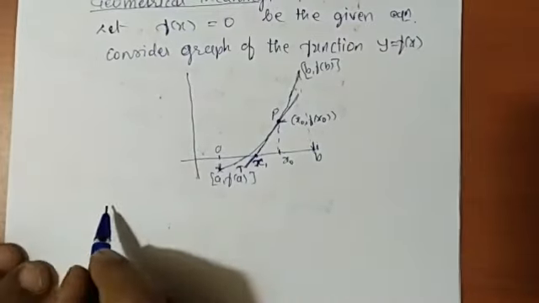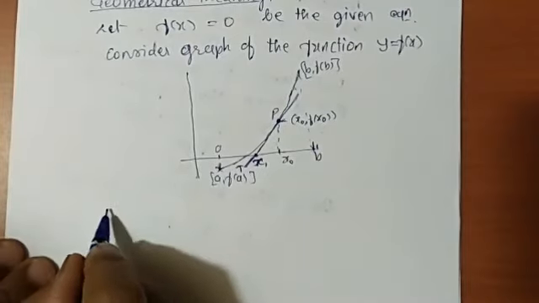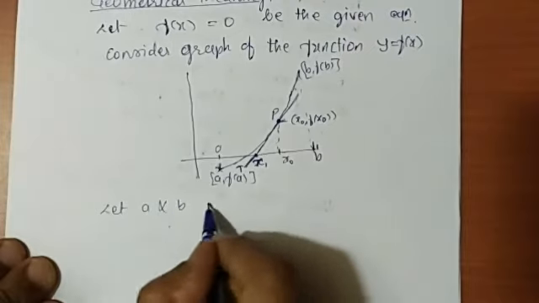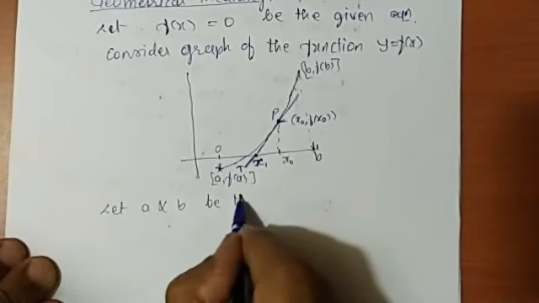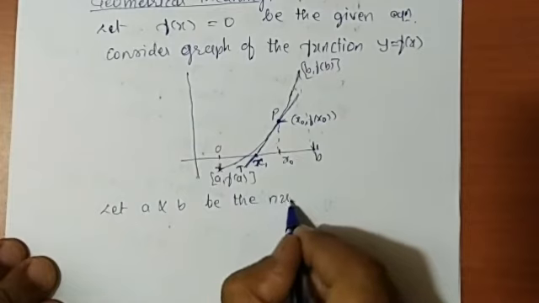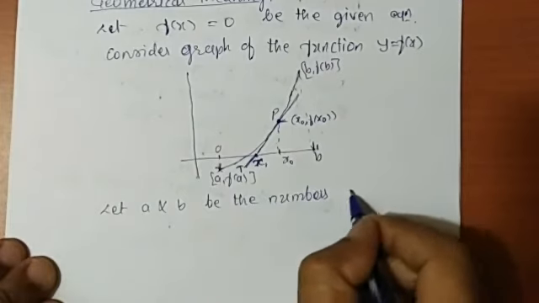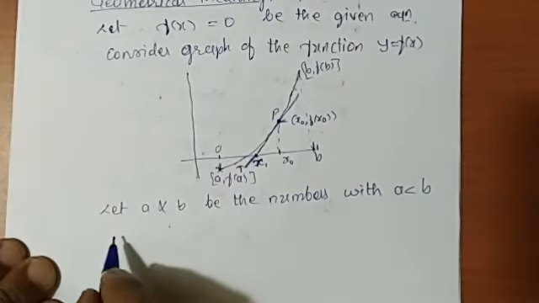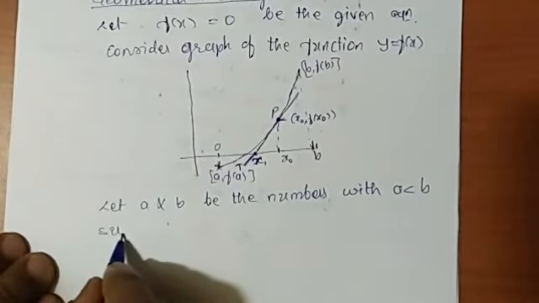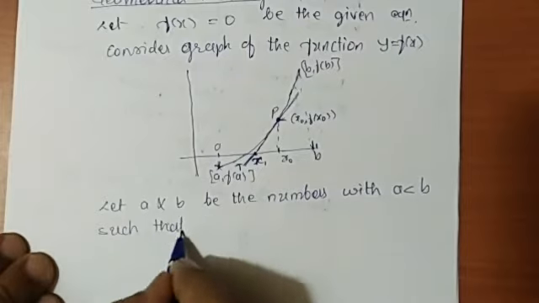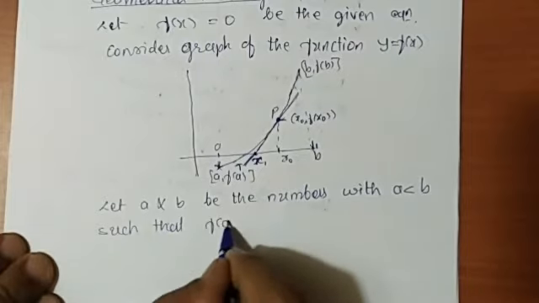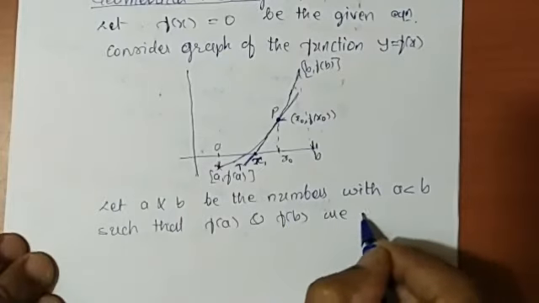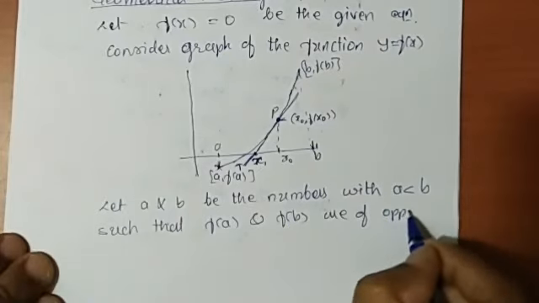So now, let A and B be the numbers with A less than B such that f of A and f of B are of opposite signs.